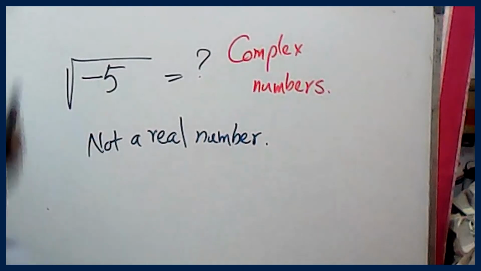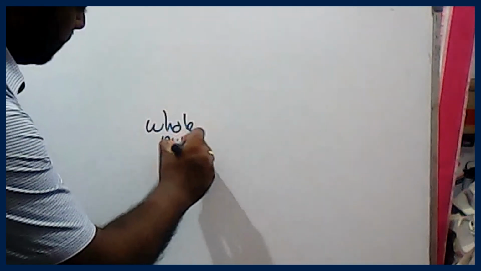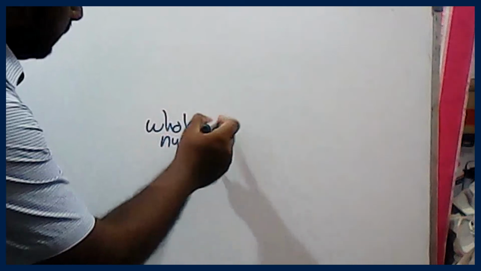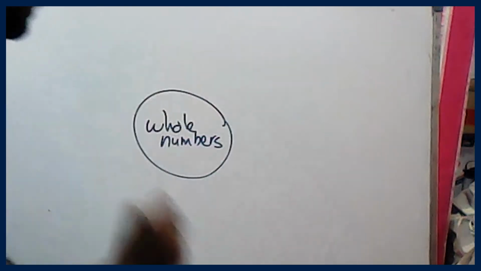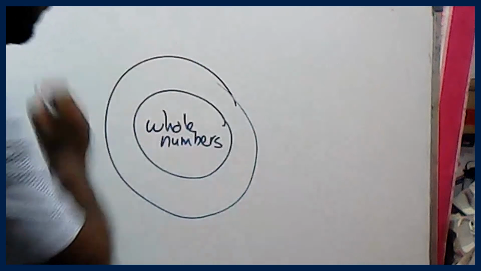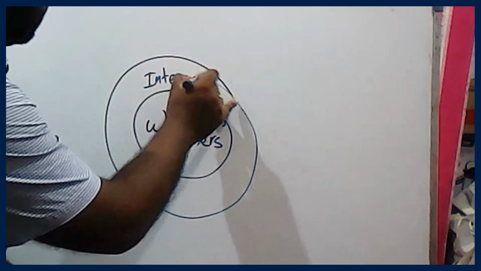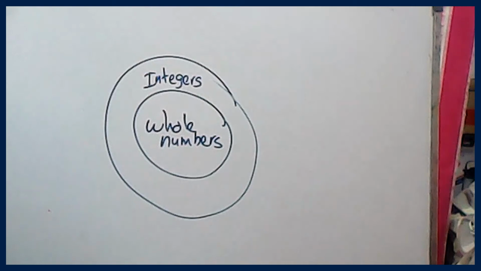Now when I draw this, I can draw like this. Whole numbers. This is a set of whole numbers. And here you have what? Integers. Right?